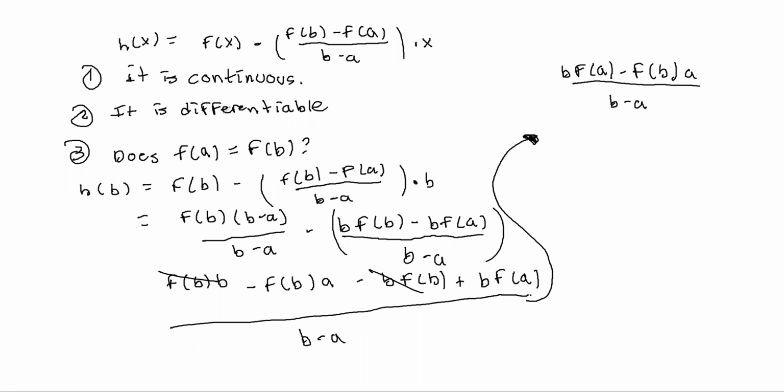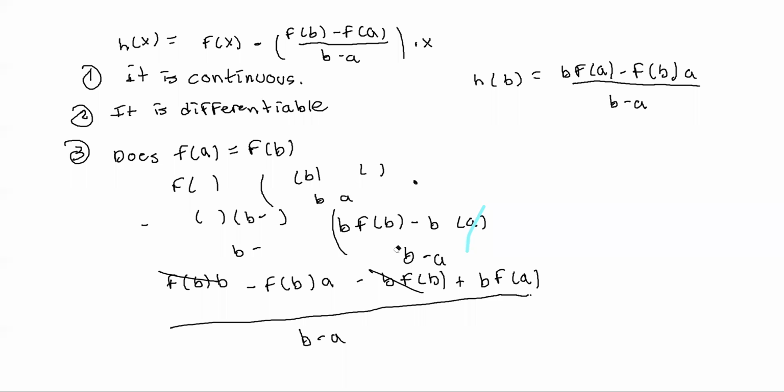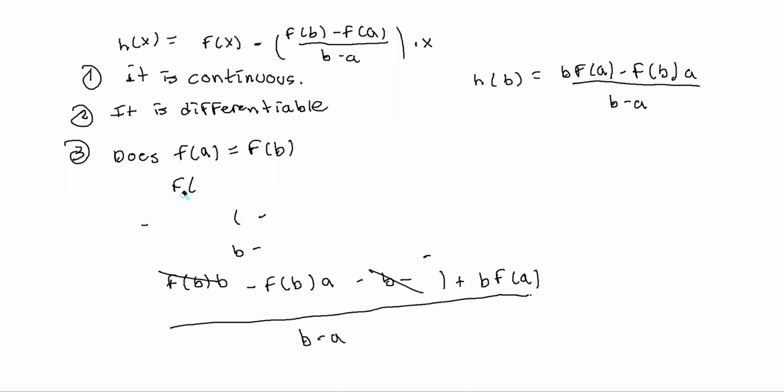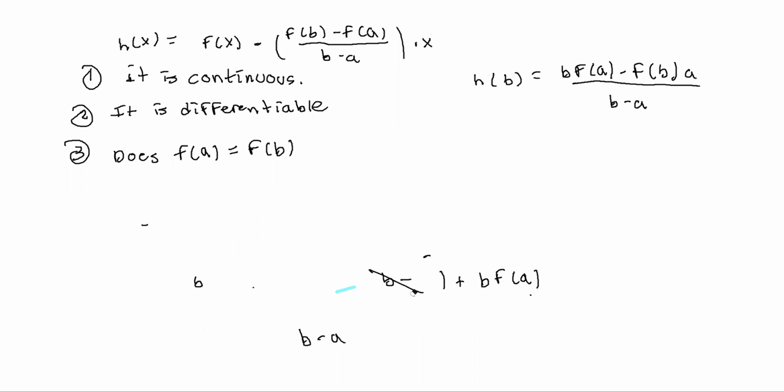Now let's see what we get for h of a. So I'm going to write h of b equals that, and then I'm going to erase this part over here and see if we get the same thing for h of a. And if we do, we know we can use the Rolle's theorem because the three conditions are satisfied to use it. So, almost done.